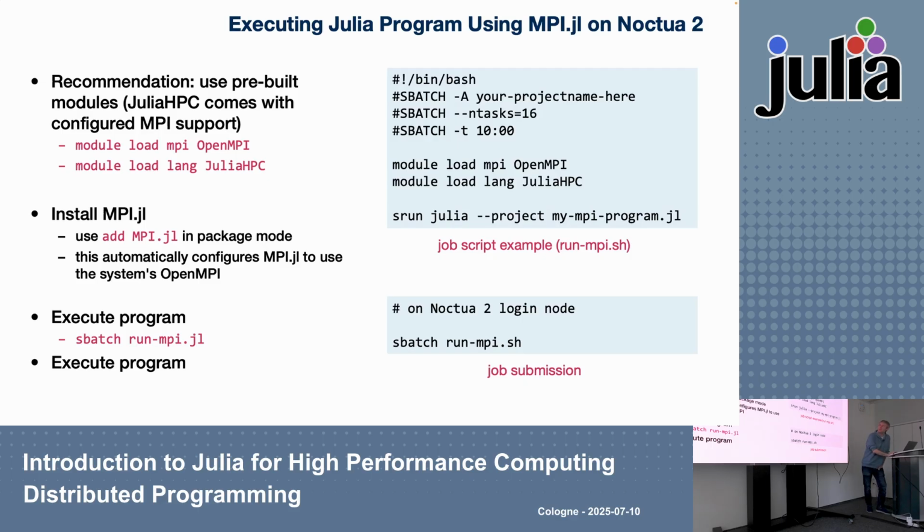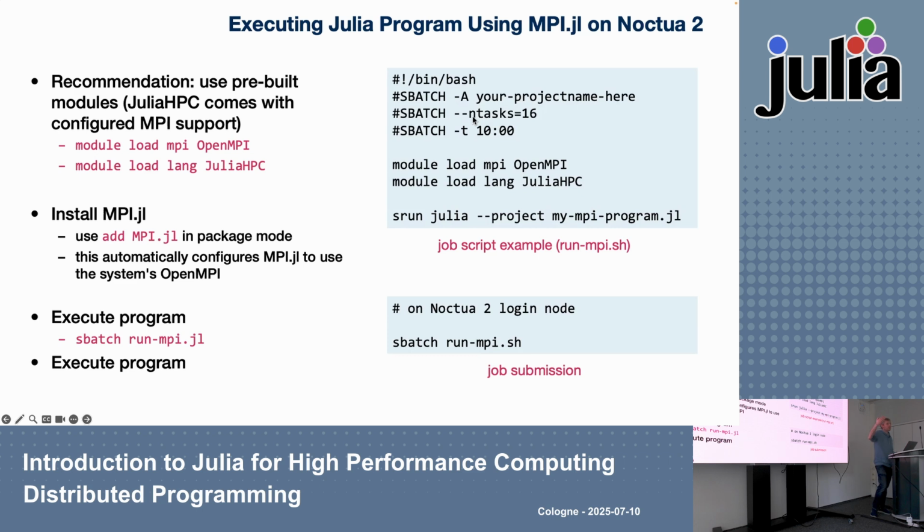And in this example, we only specify the number of tasks, but we do not specify the number of nodes. Therefore, we only say I want 16 tasks, and they could spawn on 16 different nodes, but they also could spawn on one node. So it isn't specified in these parameters.